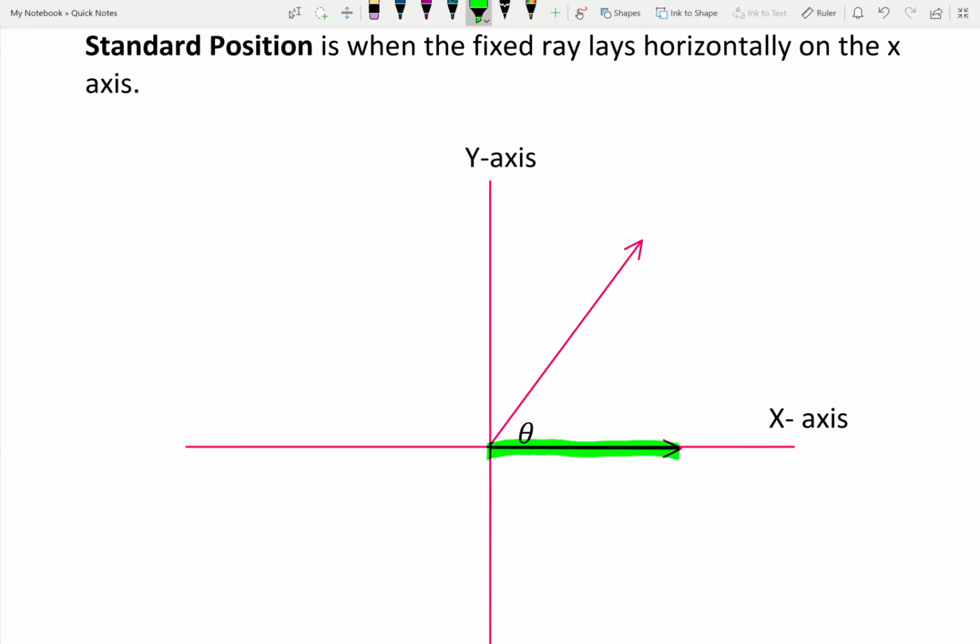We fix this guy, and then we let this other ray rotate around our initial side freely. So we have names for these guys. This one right here, the one that's fixed, we call him the initial side. And what we call the free roaming ray, we call him the terminal side. So just keep that in the back of your mind as we keep moving forward.